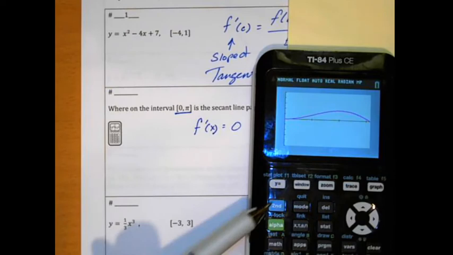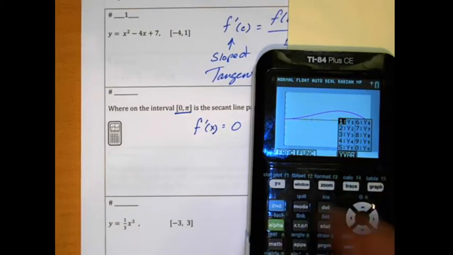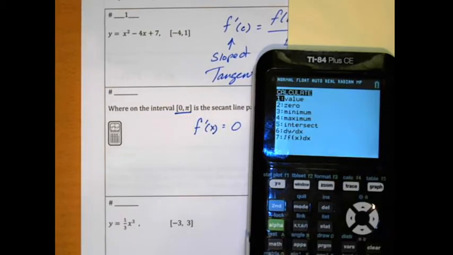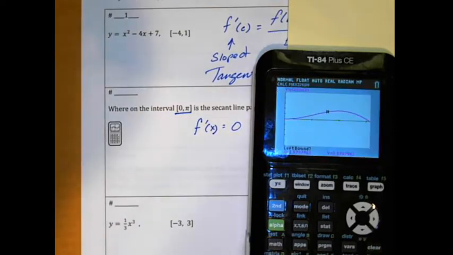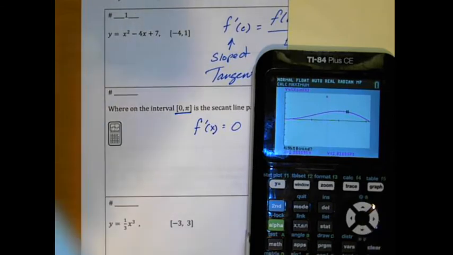Once again, you're going to go to second, calculate, second, trace, calculate. We're going to look for the maximum. And again, this needs a left bound and a right bound. I'm going pretty big, and you can guess.